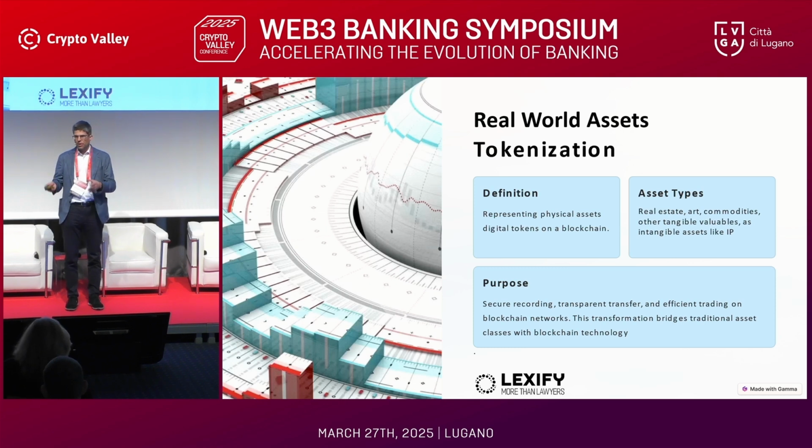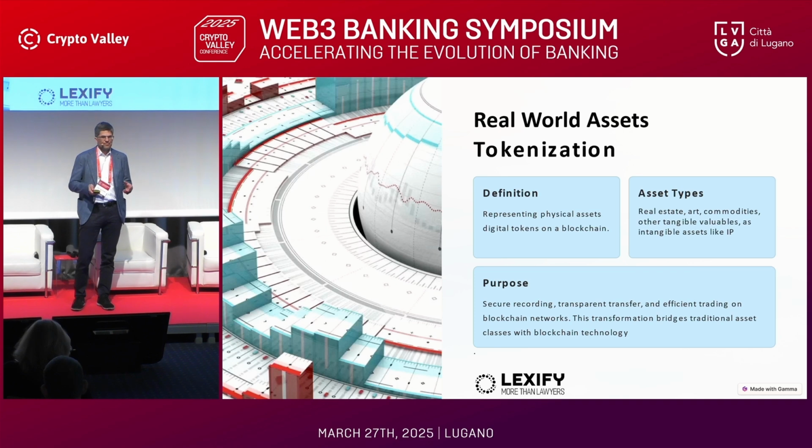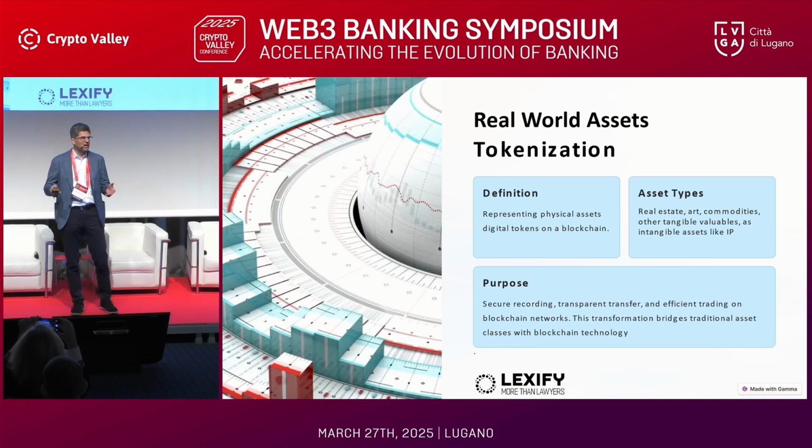That can be a commodity, that can be artwork, that can be even shares of companies, and even tangible assets. We are right now working also on a project to tokenize intellectual properties. So you can tokenize a little bit of everything.